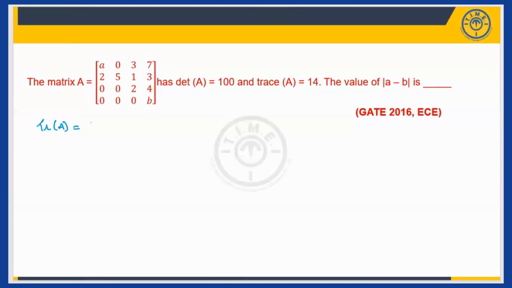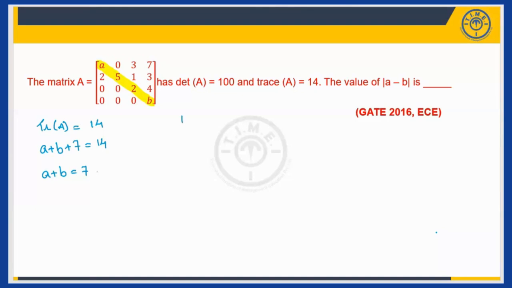So trace of A is given as 14. So that is a plus b plus 7 is equal to 14, or a plus b is equal to how much? 7. Now I hope everyone knows how to find the trace. It is the sum of the principal diagonal elements. That we'll be calling trace.